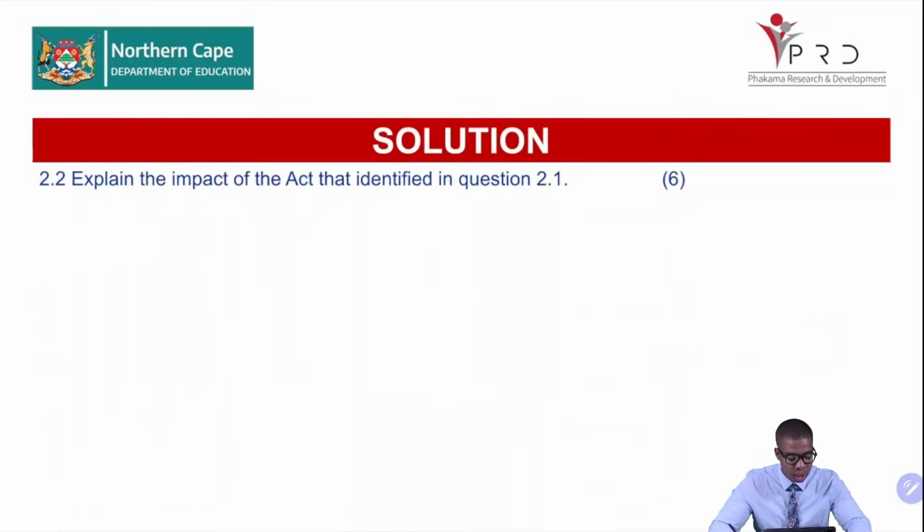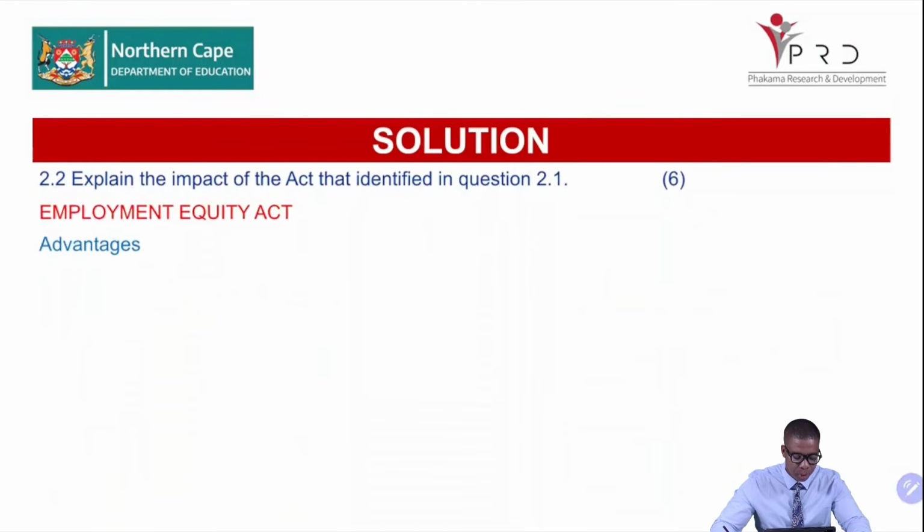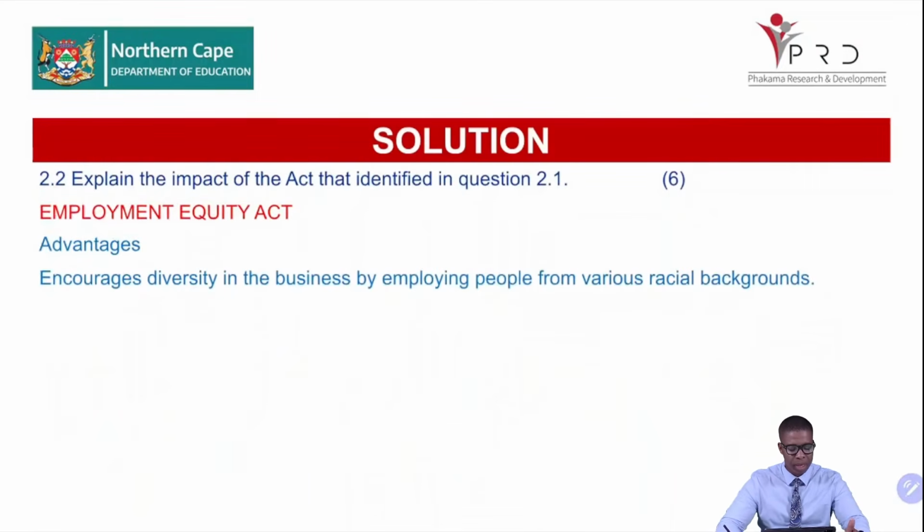Then as we proceed, we look into the impact of the Employment Equity Act. Employment Equity Act is a process of saying that in the process of hiring, the business should employ equally. They should consider all races and also consider those who were previously disadvantaged first in some circumstances.